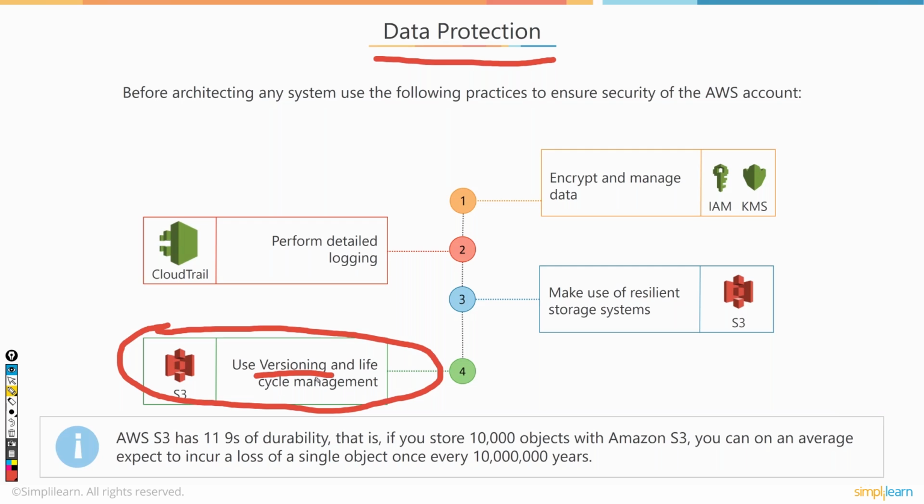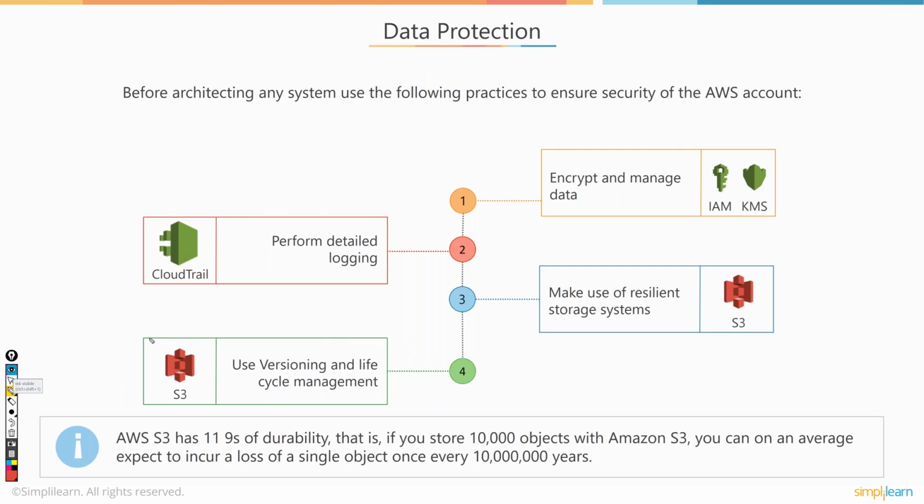It doesn't really matter. Yes, the newest version will be the only one visible to the user, but if you look into the console, you can actually restore any version of the file before, which means you never lose the file. The downside of that, you have to pay for all the versions out there because they are kept as individual files under pretty much the same name, but in a different version. But guess what? AWS S3 is so cheap that probably you'll never even see S3 on your bill because it's so cheap. So let me go to the next slide, if okay.